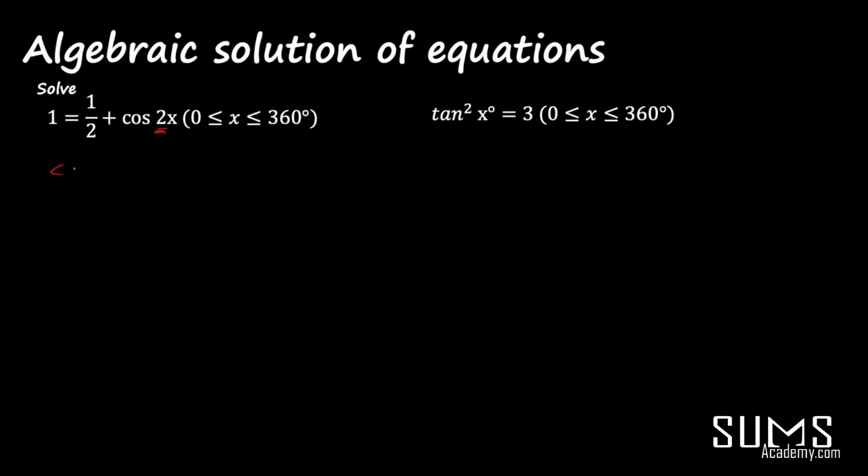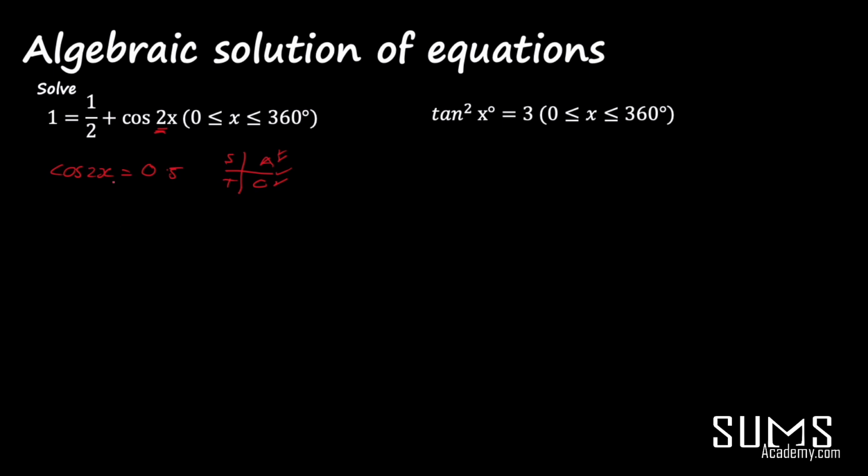So this becomes cos 2x equal to 1 minus a half, so that's 0.5. Great. So what I do is draw my CAST diagram. Cos is positive here, it's positive here. Remember, it's going to go around twice, so you can think of having it again there, right? It's going to be double values.